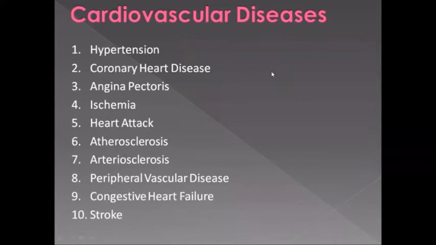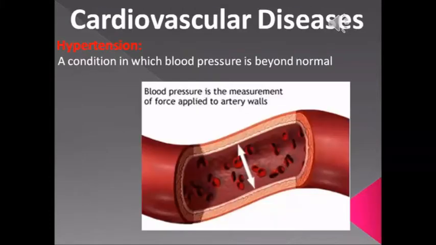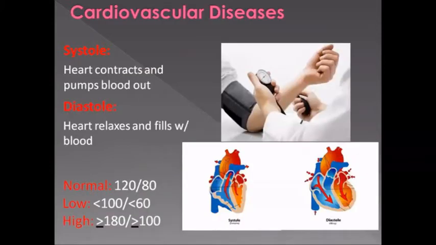Here are some examples of cardiovascular diseases. So hypertension, a condition in which blood pressure is beyond normal. Blood pressure is defined as the measurement of force applied to artery walls.